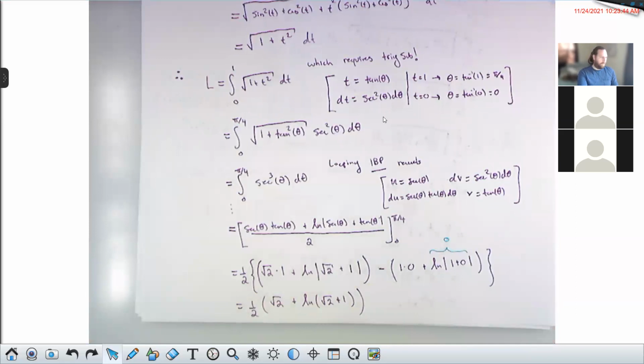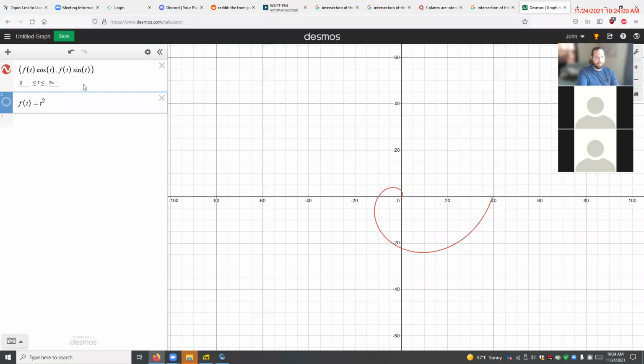All right, we had a bunch of algebra and trig simplification to do, and that left us with a trig sub. The trig sub's not bad, but that leaves us with this, which is pretty gnarly. It's looping IBP, which leaves us with this, which we can then evaluate between the new bounds 0 and pi over 4. So the length of this little spiral, we're not going out to 2 pi, we're just going out to 1.